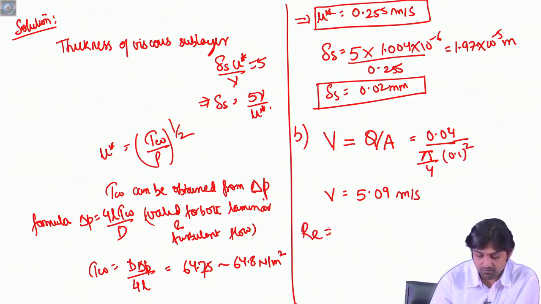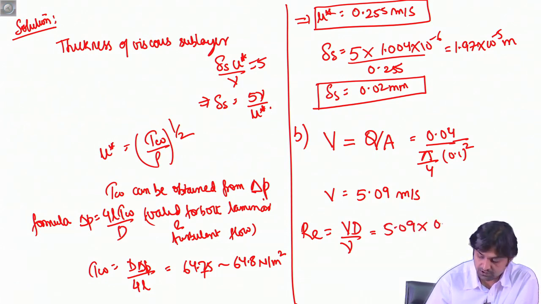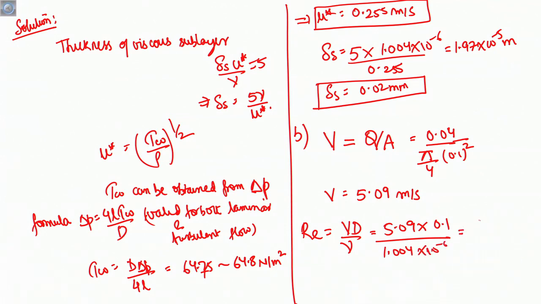The corresponding Reynolds number will be V d by nu. Values we already know: V is 5.09, diameter is 0.1, and nu is 1.044 into 10 to the power minus 6. So it comes to be 5.07 into 10 to the power 5.